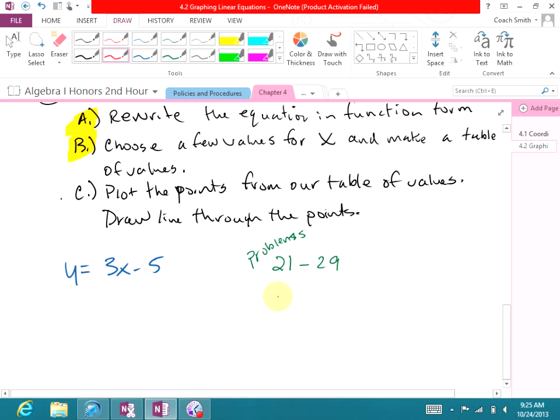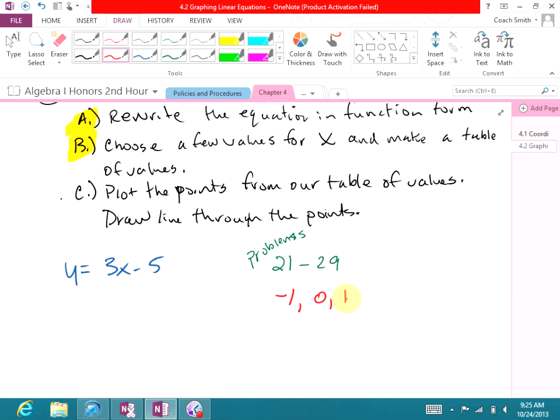We will use -1, 0, and 1. Okay? -1, 0, and 1. Those are the values that you're going to use. The reason we're going to use those values is because that is what the answers that we'll call out tomorrow will be. All right? So that's what they'll be connected to. So everybody use -1, 0, and 1.